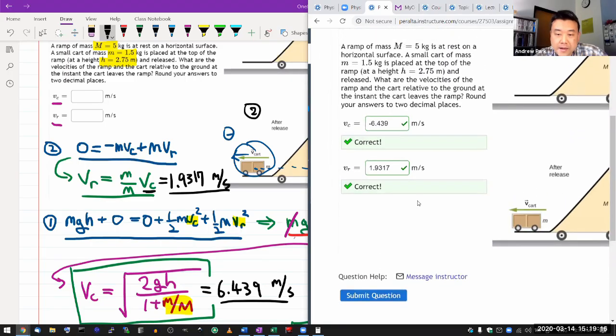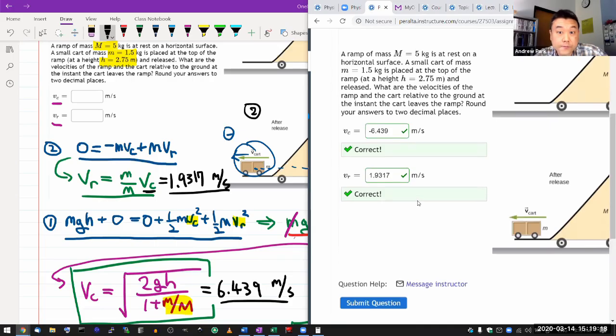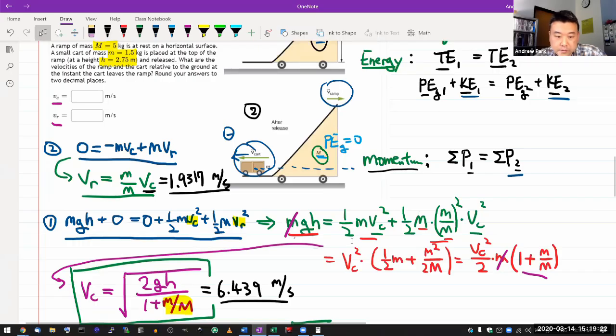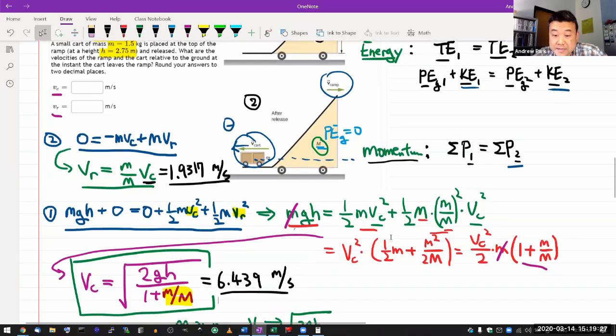So it's a kind of a feature of an electronic system. If you are doing this on an exam, where I'm able to see all your work, then whether you have positive here or negative here wouldn't matter, because I can see in your work that you are accounting for all the signs correctly.